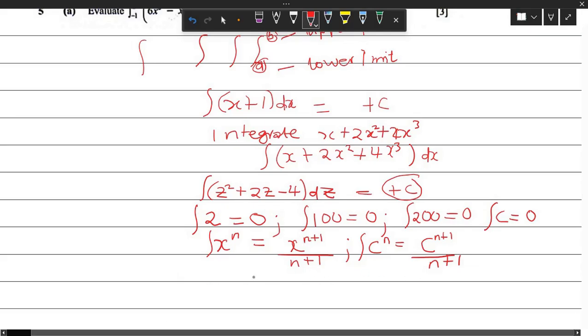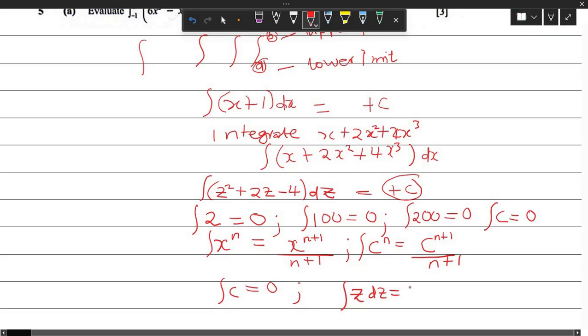So don't forget. So there are only two rules. If it's a constant, integral of a constant can be any number, is equals to 0. Then if you are integrating a variable, it is a letter. So it can be x, it can be z, as long as you are integrating a variable. So integrate z dz.